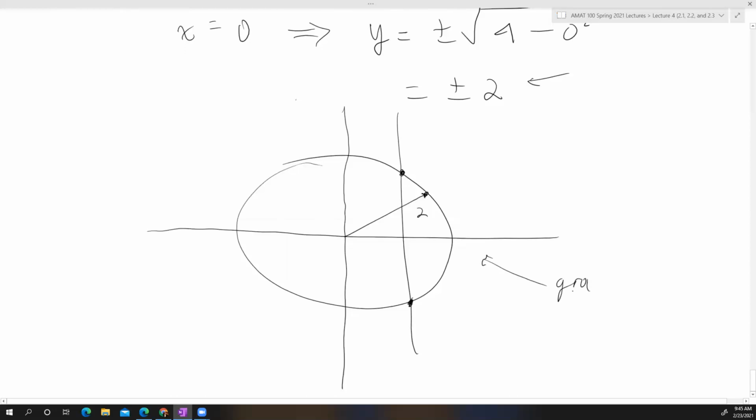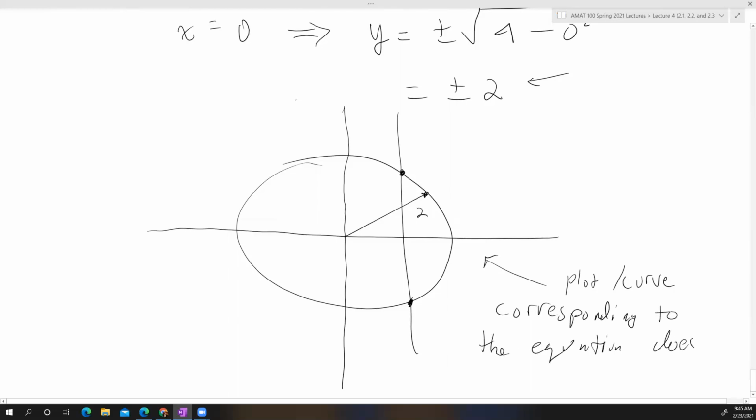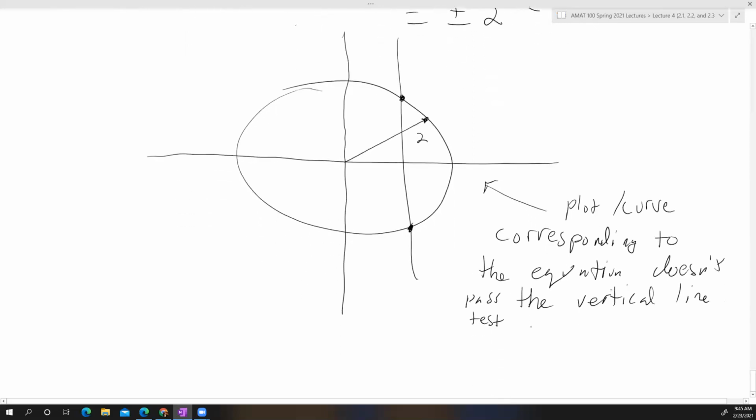The plot or curve corresponding to the equation doesn't pass the vertical line test, and therefore doesn't correspond to the plot of some function.